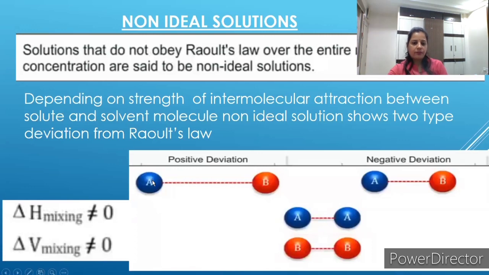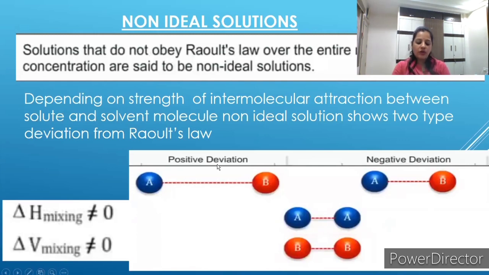When the interaction between A and B is weaker than the AA or BB interaction, we get a deviation called positive deviation. If the magnitude of the AB interaction is higher than AA and BB, such solutions give negative deviation.